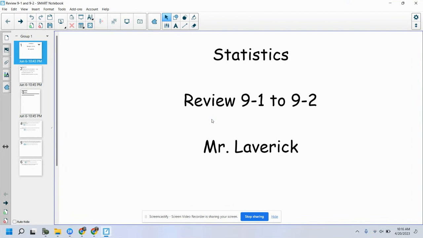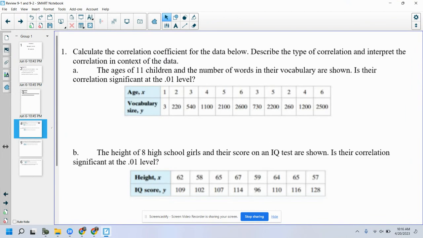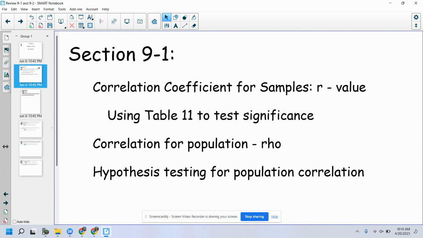All righty. So again, just two sections, just 9.1 and 9.2. Remember, there's going to be two different types of questions when I ask you to talk about the R value. The first one being, I say use table 11 to determine if the R value is significant, right?